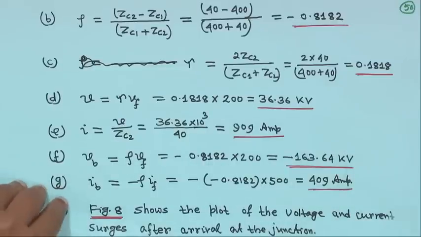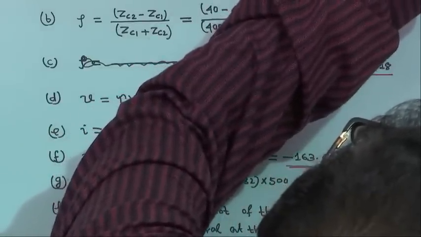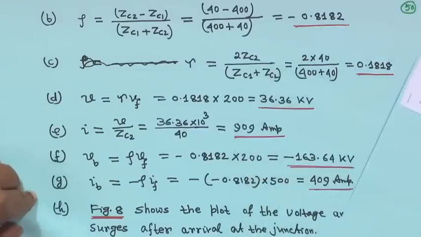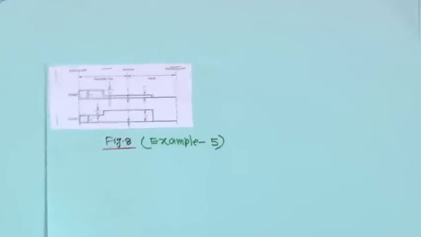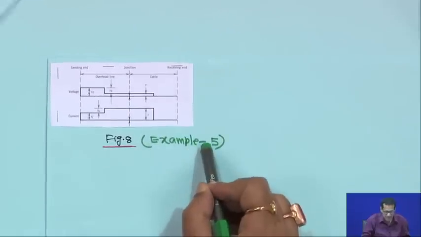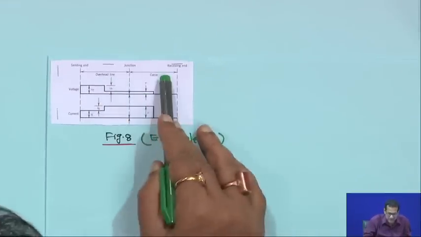So, these are straightforward calculations, and if you plot the waveform, you look at V and I and from there you can easily plot it. This is the plot, figure 8 of example 5. This side is the overhead line, this side is the cable.